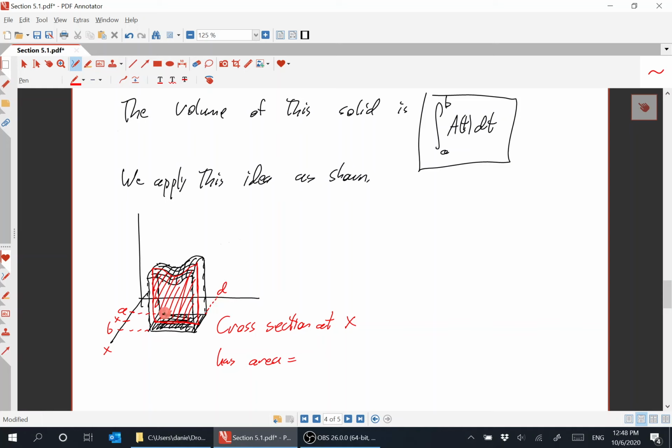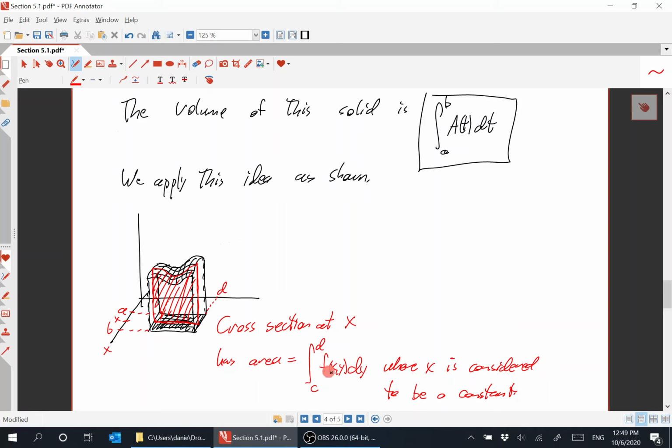This is y equal to d, and y equal to c is back there. x is fixed, x is held constant, and now we just integrate the function for y. The area is the integral from c to d, f of x y dy, where x is considered to be a constant.